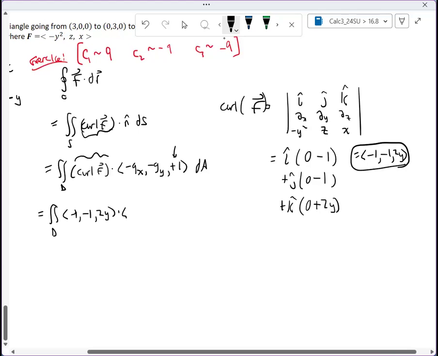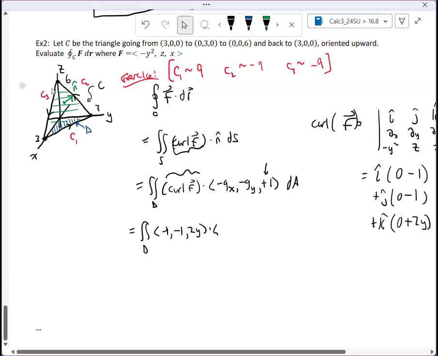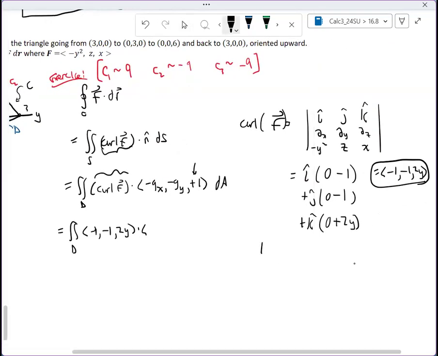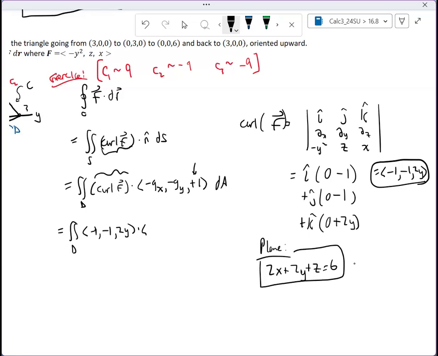And then the question is, what's a formula for this plane? There's a few different ways you could go about this, either finding a formula for the plane or the normal for the plane. But a formula for the plane is 2x plus 2y plus z equals 6.